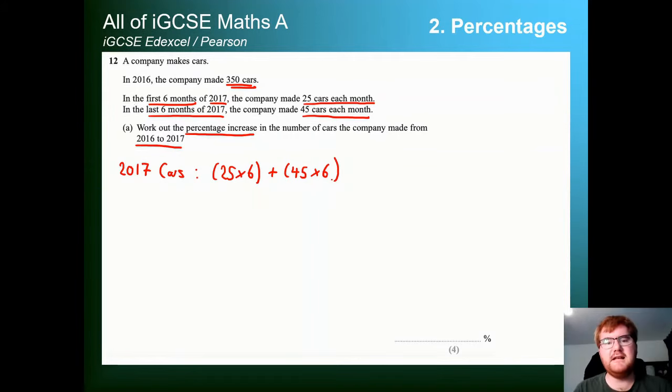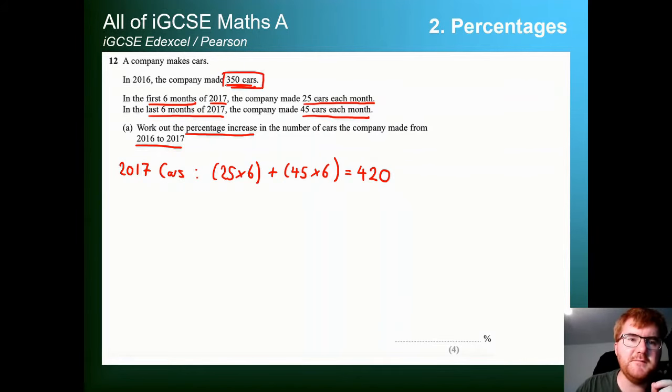And again, we use our calculator here to work this out, so 25 times 6, adding on 45 times 6, so that's going to give us 420, like so. And what we want to do is work out the percentage increase between 2016, so 350, and 2017, which is 420.